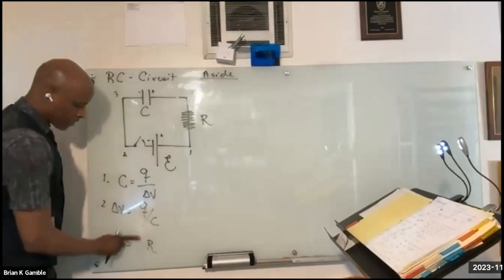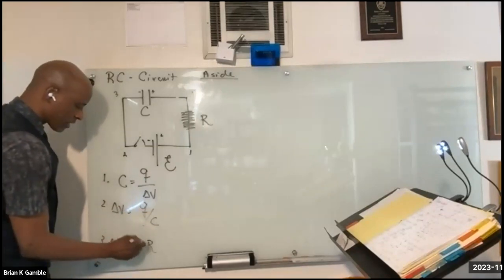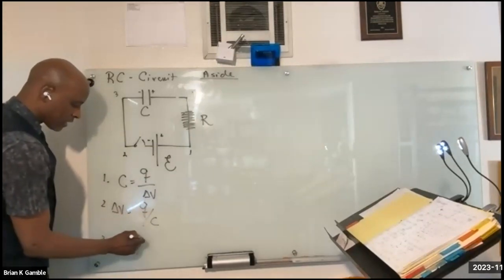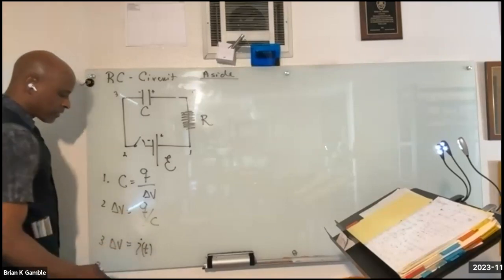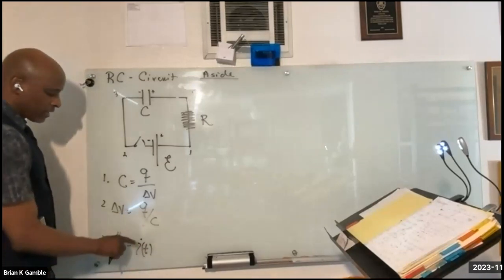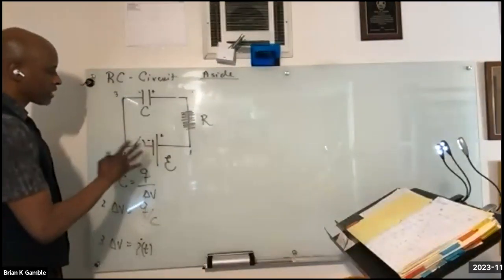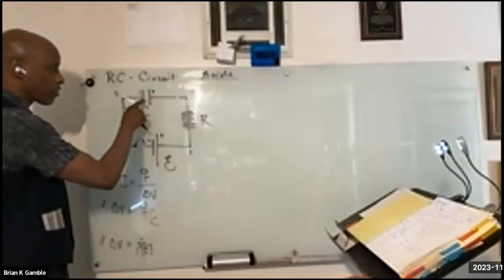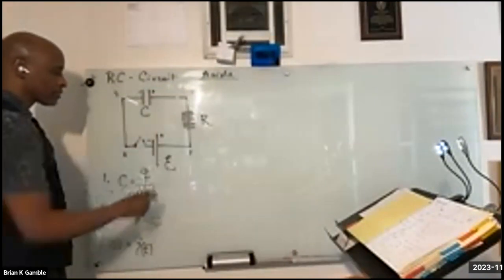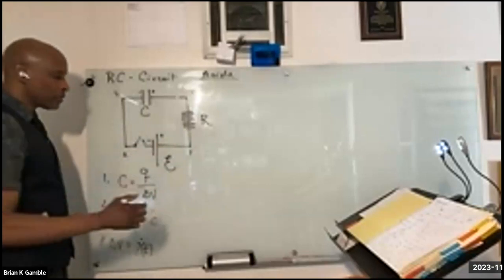Now I'm going to write the current as a small i, because it's not constant. To emphasize, we're in the circuit between the time that we close the circuit and the capacitor charges up. During that time, both the charge on the capacitor and the current in the circuit are changing.